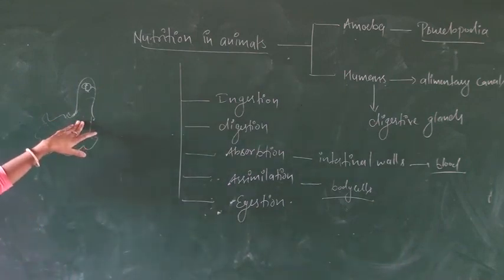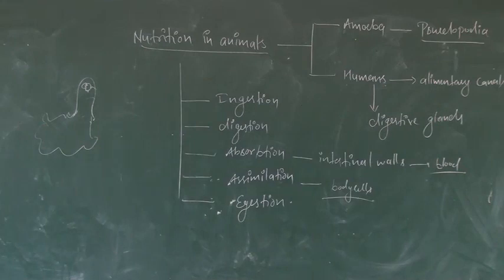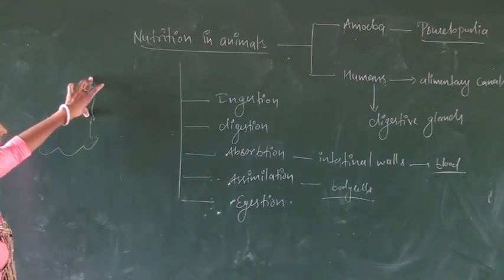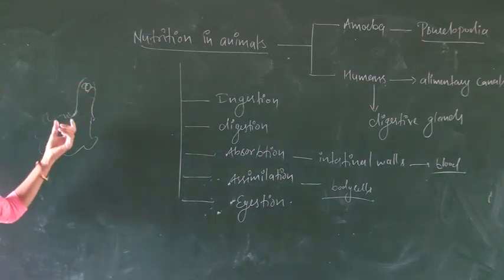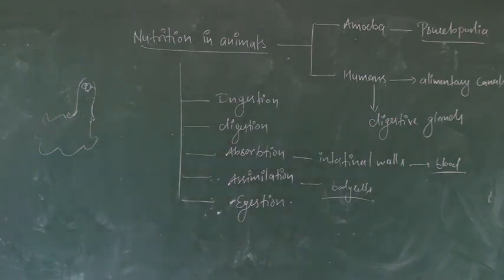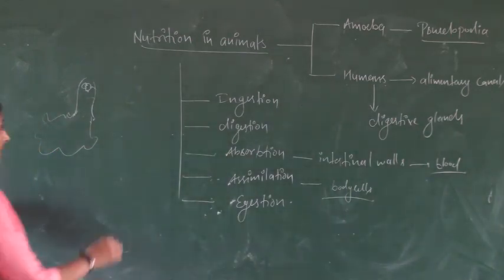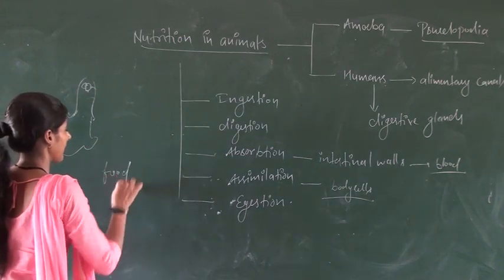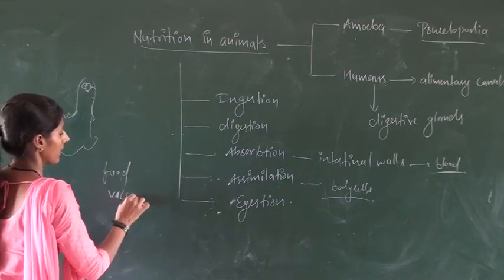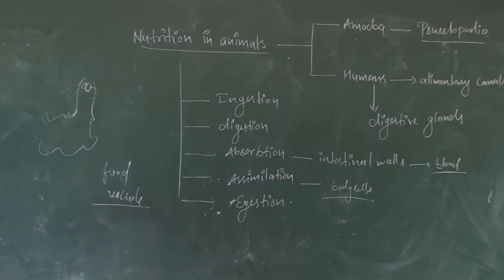Means intake of food takes place with the help of pseudopodia. After that, in digestion, the pseudopodia takes this food into the body and it enters the cytoplasm. Means now food has entered into the food vacuole. Food vacuole is present in the cytoplasm of the amoeba.